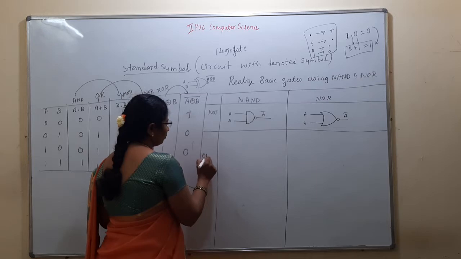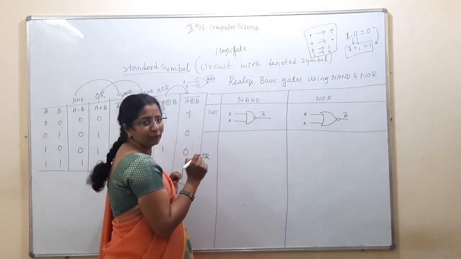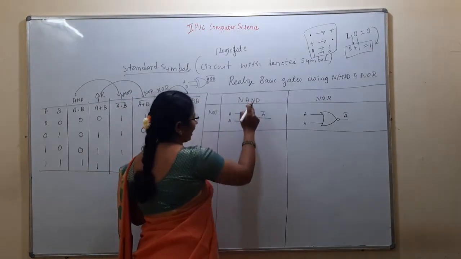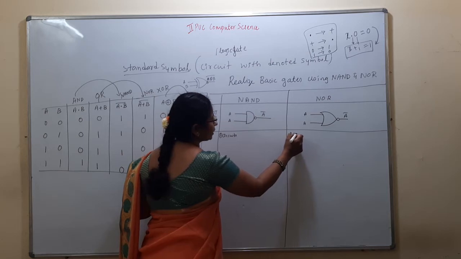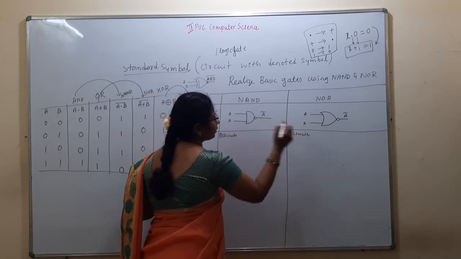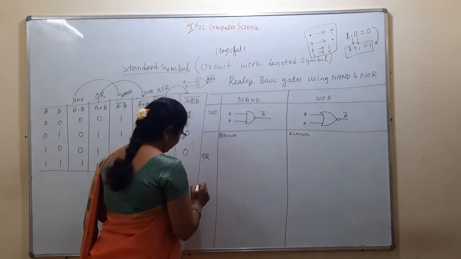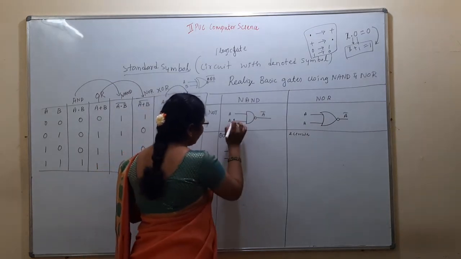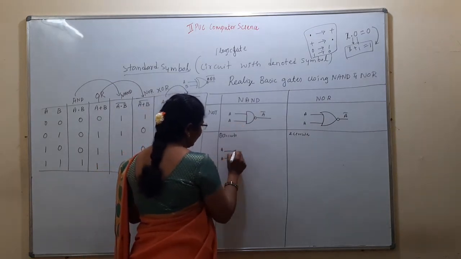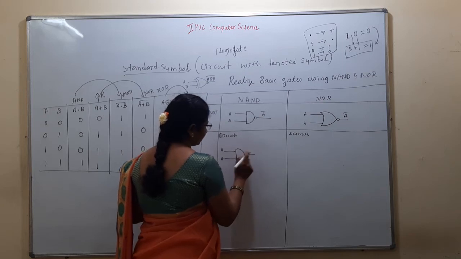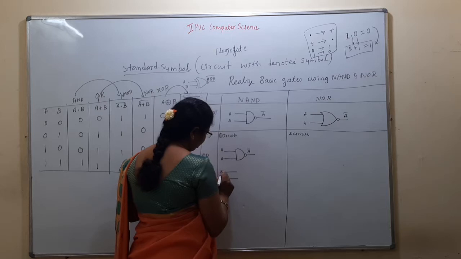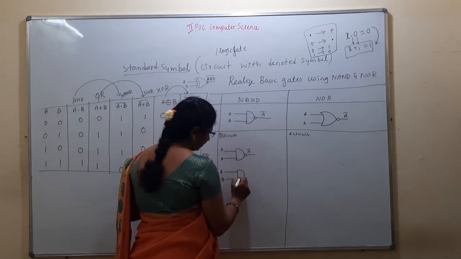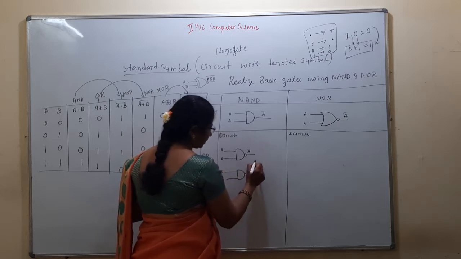Now I am writing for OR. OR with the NAND, you will get 3 circuits. Here with NOR you will get 2 circuits. That is very, very important. Similarly, take one for A, you will get A complement. Take similarly for B, you will get B complement.